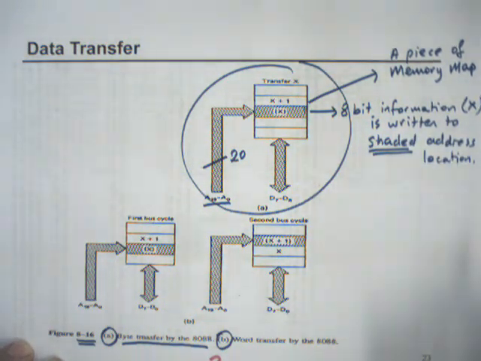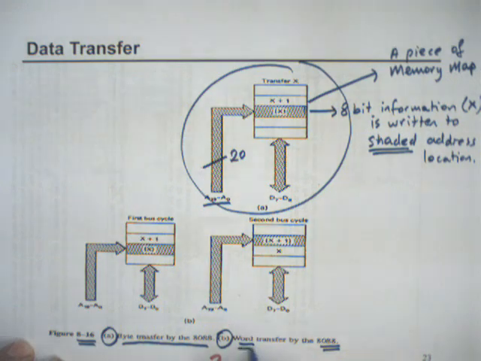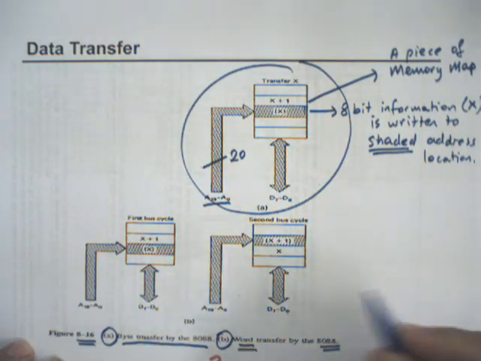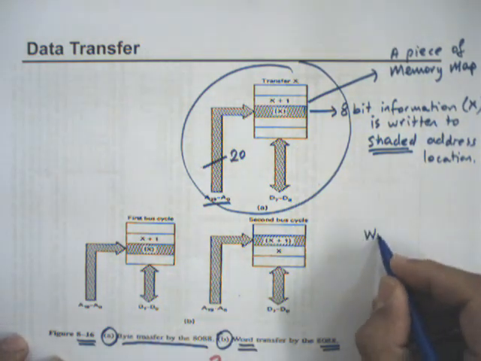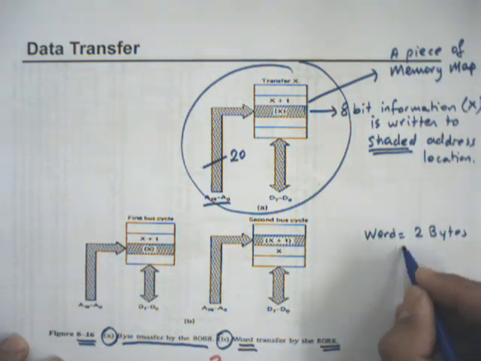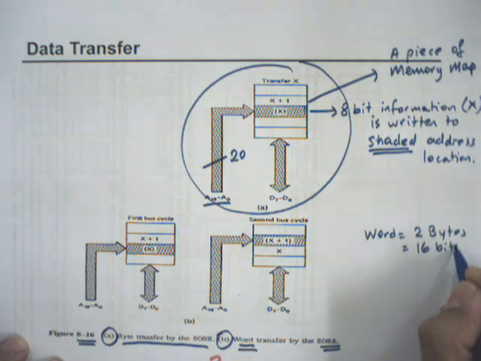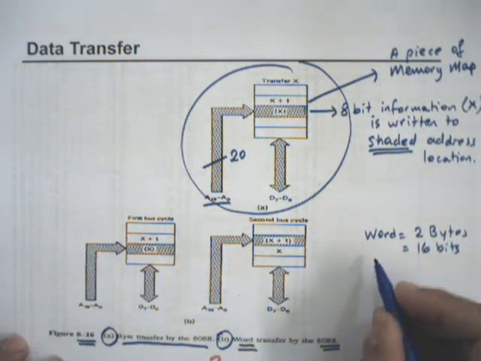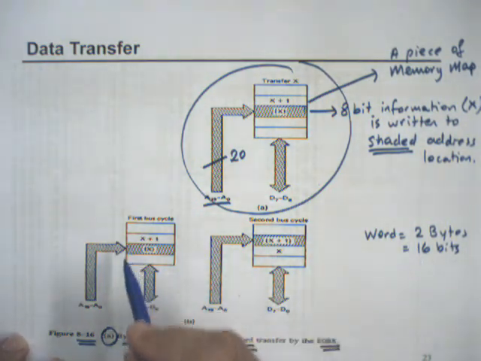Okay. In part B of this figure, same microprocessor, this time it transfers a word. Word is 2 bytes, which means 16 bits. So memory has 8-bit locations.